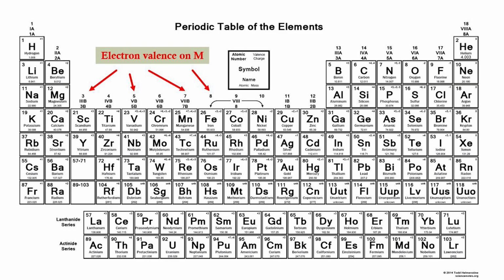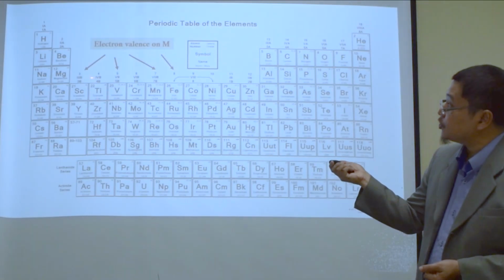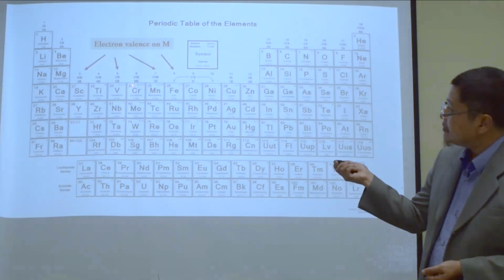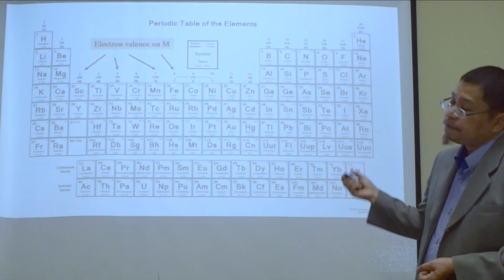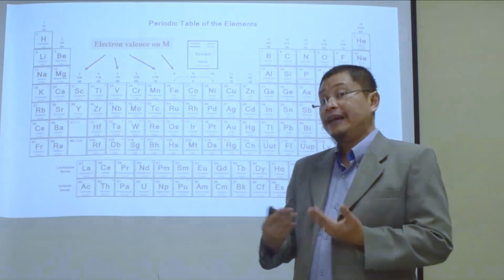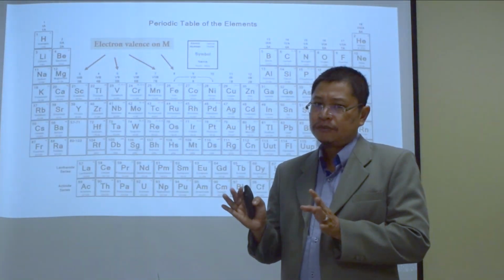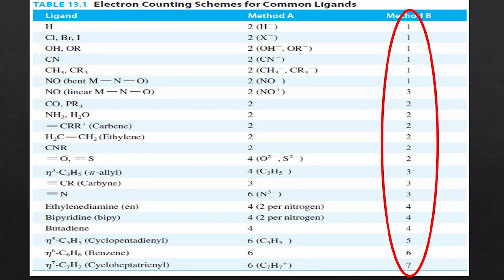For example, scandium is group 3, titanium is group 4, then group 5, 6, 7 onwards. These numbers refer to the valence electrons on M. So you can get that number straight away from the periodic table. While for ligands, there is no shortcut, you need to memorize.